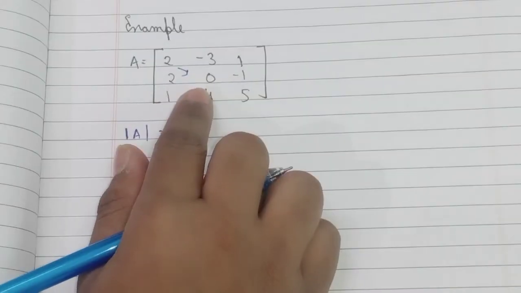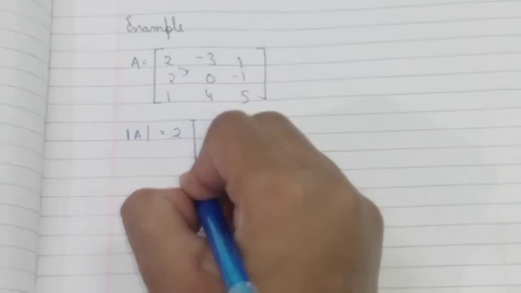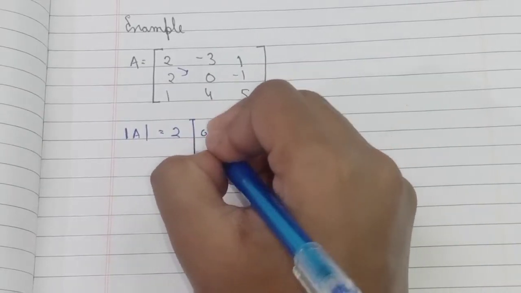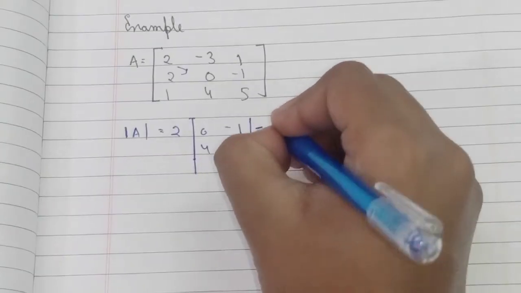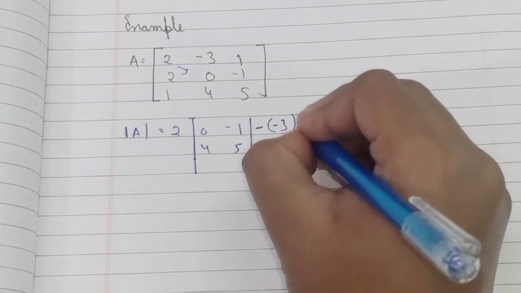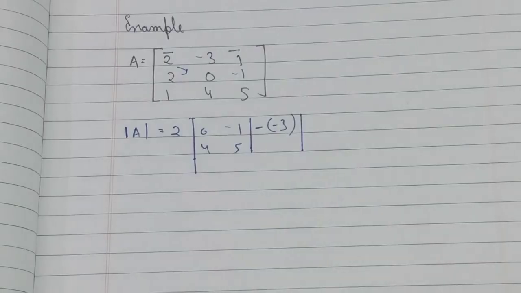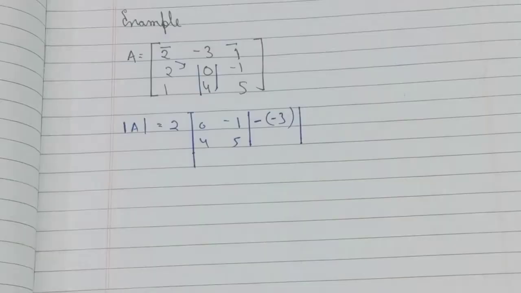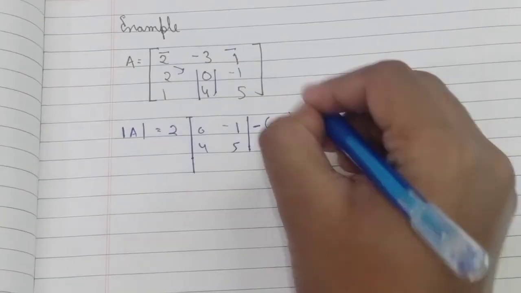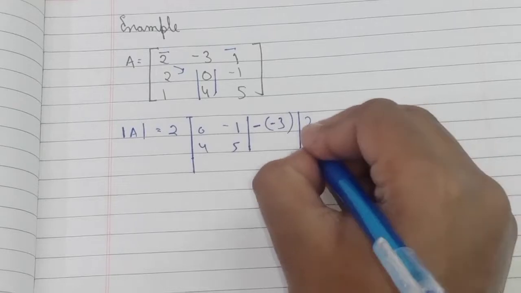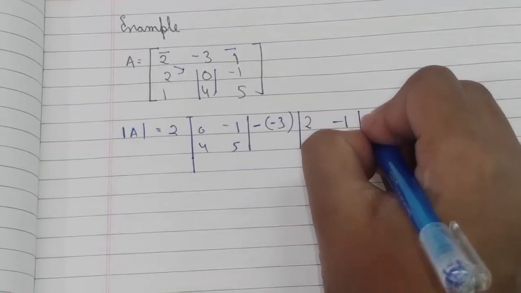We will always take this matrix only, because it is a 3 by 3 matrix. Minus 3 times, ignoring 2 and 1, the middle row, what we are left with is 2, minus 1, 1 and 5 here.